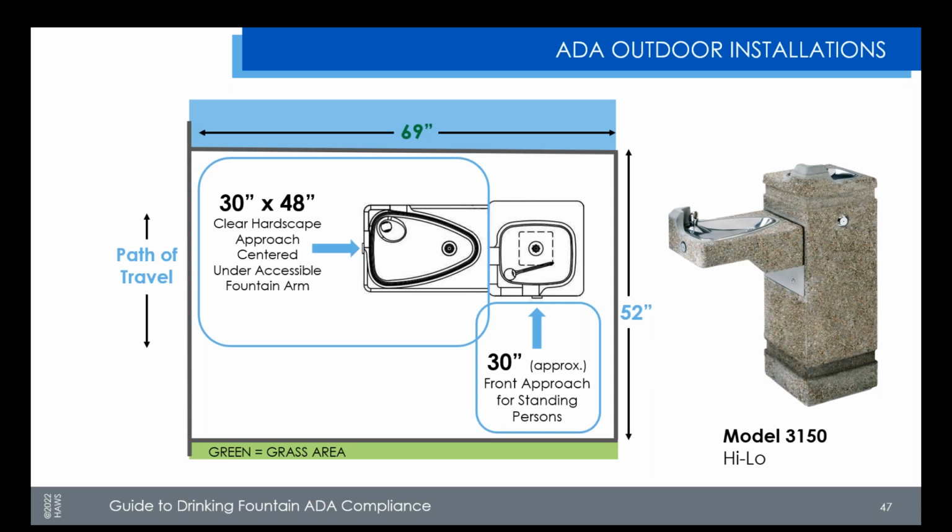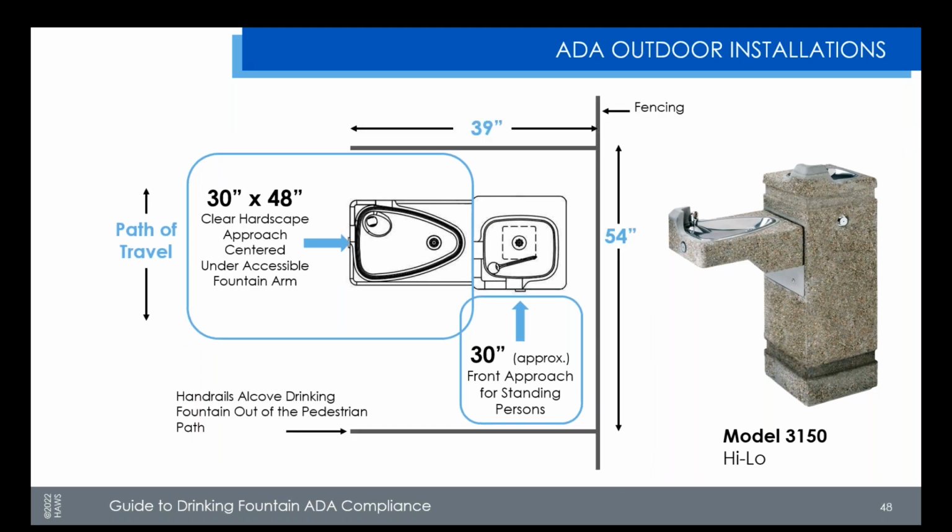And in this case, we have a path of travel on the left-hand side, and we have a front approach with that 30 by 48 inches of clear floor space to our low side unit, and then our 30 by 30 inches of clear floor space to the high side unit. That would give us a minimum concrete pad or flat surface of 69 inches wide by 52 inches, with that low side facing the path of travel as well, so that a wheelchair can get in there easily.